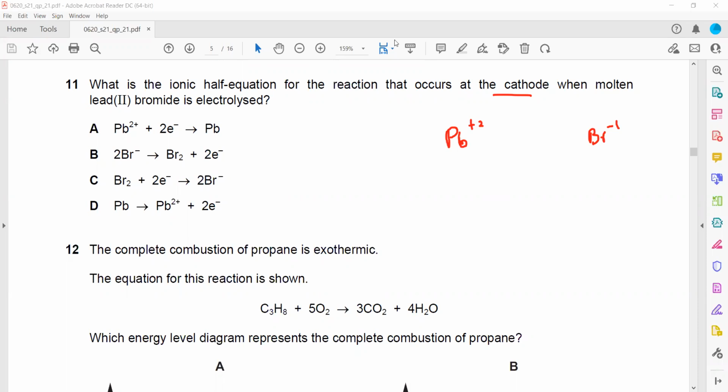So the positive ions are attracted towards the cathode and the negative ions are attracted towards the anode. So when the lead ion moves towards the cathode, Pb is +2.